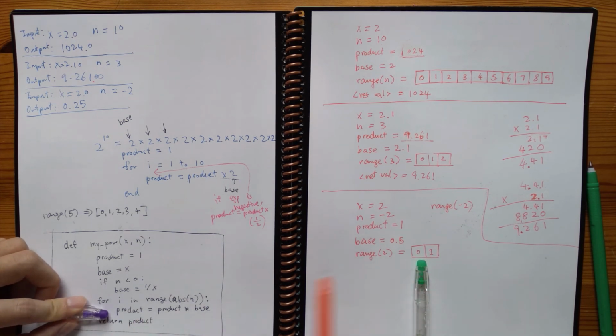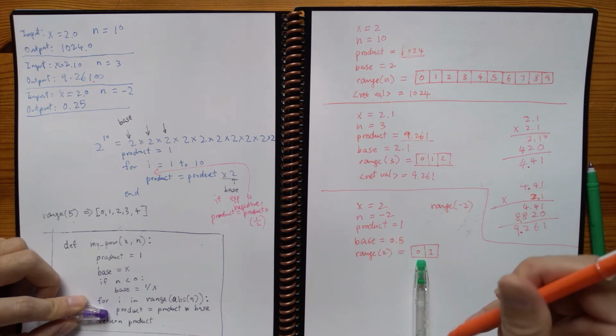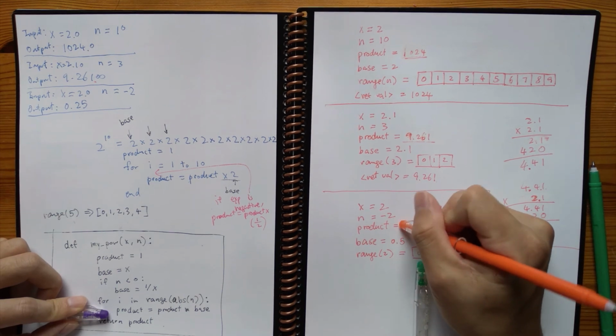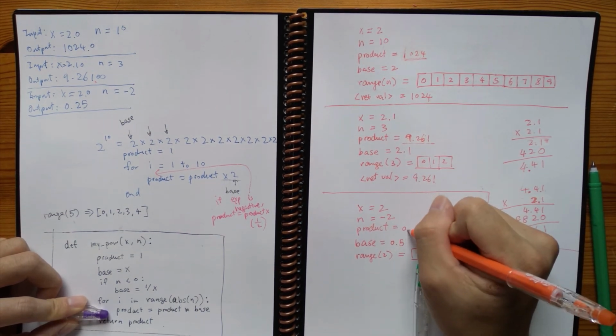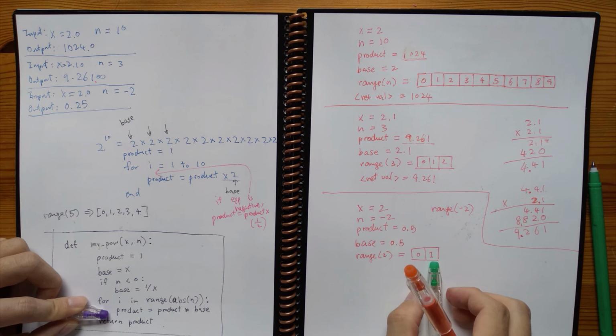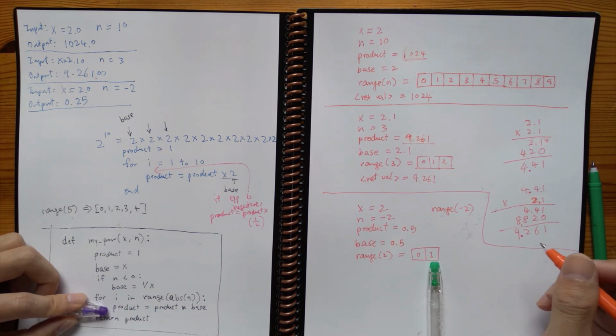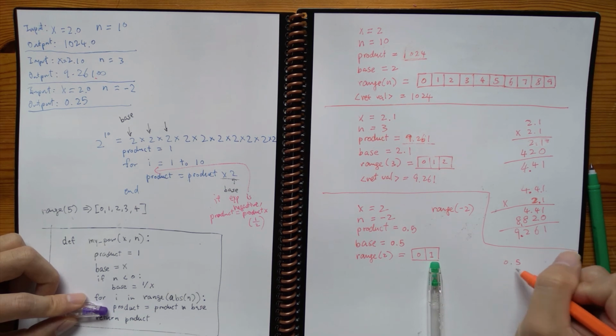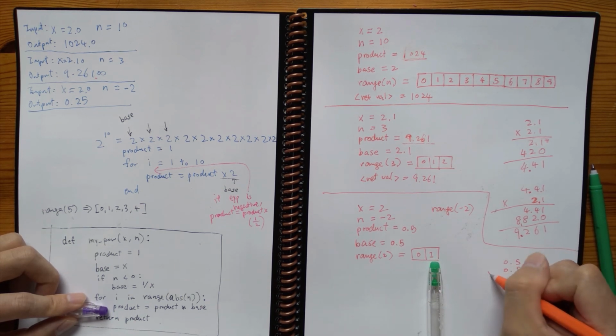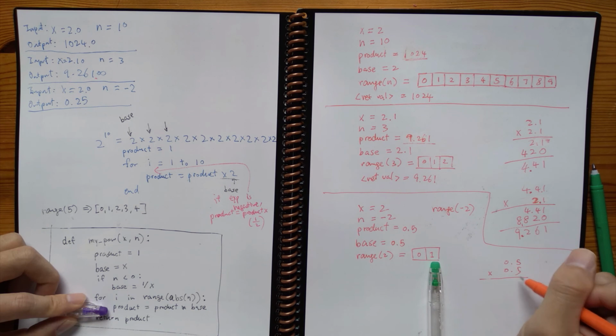Okay, so now we're going to do product times the base and store it back in the product. So that's going to give us 0.5. I'm going to move this pointer over and then do the same thing again here. 0.5 times 0.5. Pretty sure that's 0.25, but I will do it out just in case. So 5 times 5 is 25.